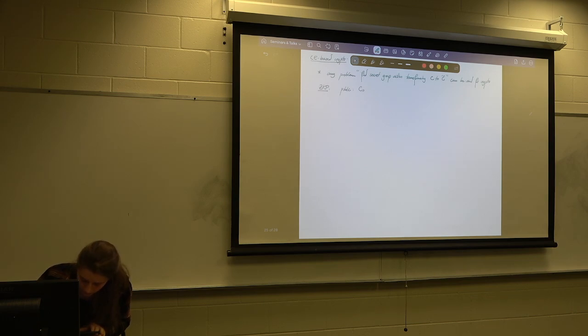So I know the two objects, C0 and C1. I know a group, right? And I also know an action. But I don't know which group element is the one that transforms C0 into C1.